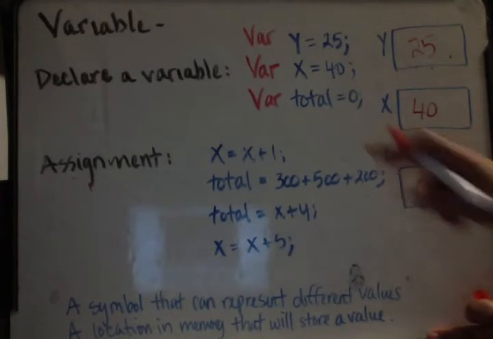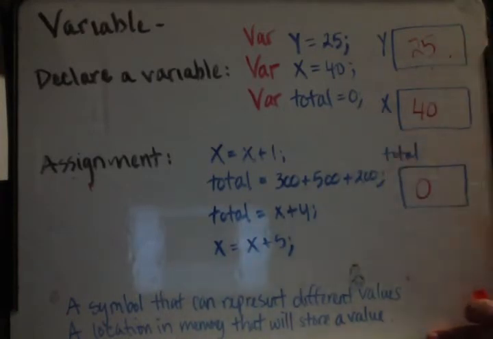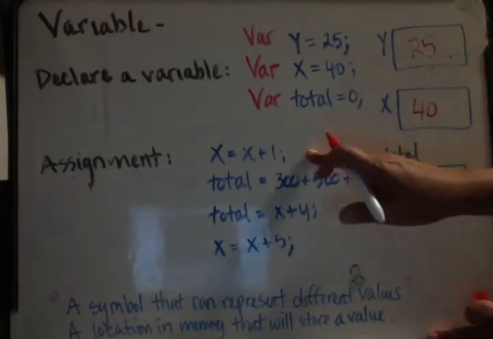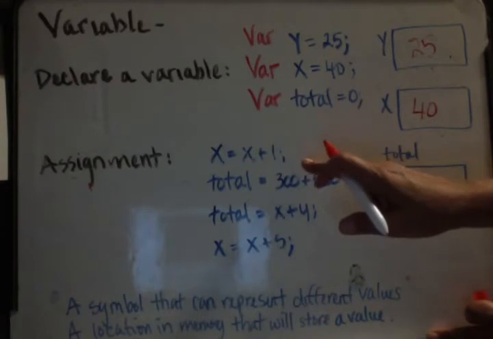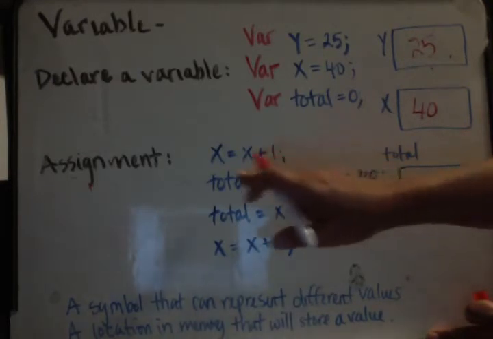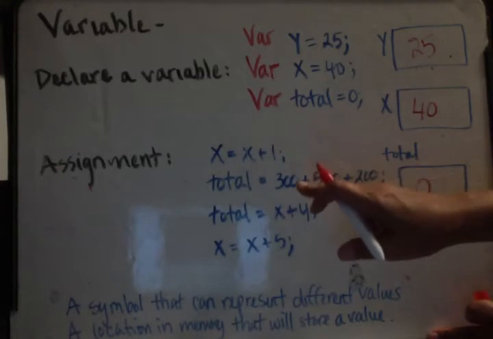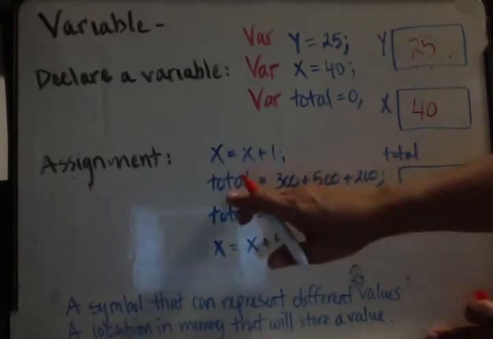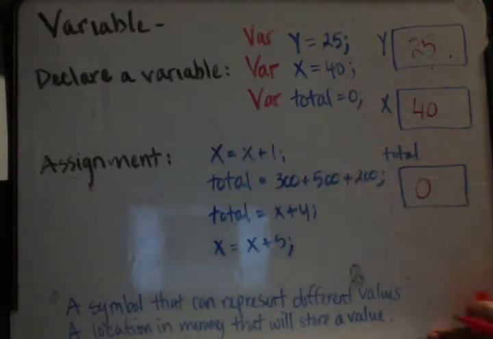All right, now as we execute, the values of the variables change. So let's take a look how that works. Assignment of a variable happens when you have the name of the variable on the left side of the equation and something on the right side of the equation that's going to change the variable.